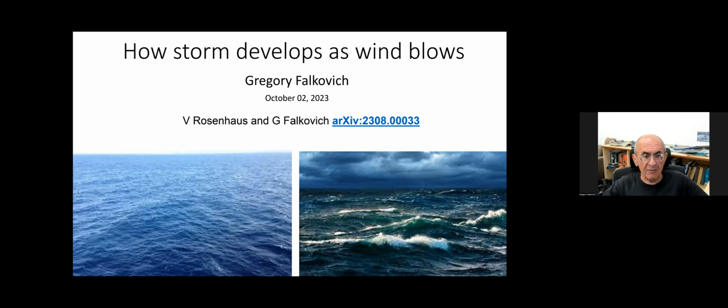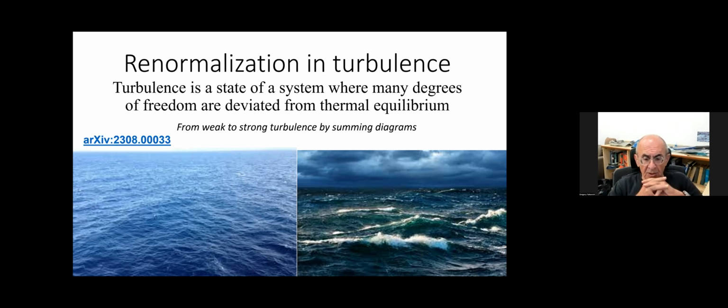So in a sense, what we will try to do here, and I believe that this work is just the beginning of a long stage of development, is to go from left to right, more or less the way that theoreticians know how to do it, by summing diagrams. Namely, we look at the left, we say that we have a very, very weakly nonlinear system, even though far from equilibrium.